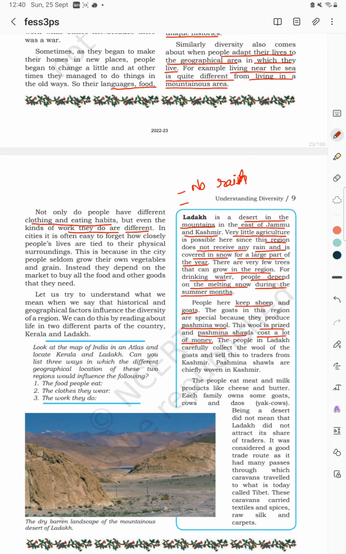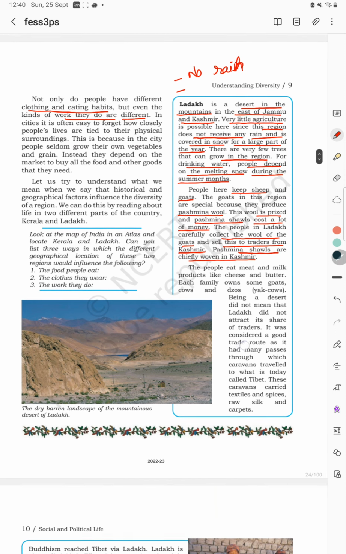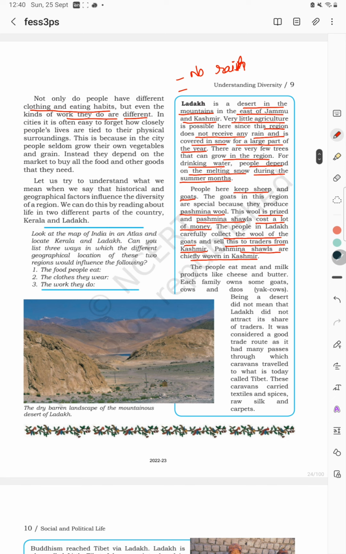The people in Ladakh carefully collect the wool of the goats and sell it to the traders from Kashmir. Pashmina shawls are chiefly woven in Kashmir. So basically, pashmina shawl trading is important here. This is a unique feature of this area.